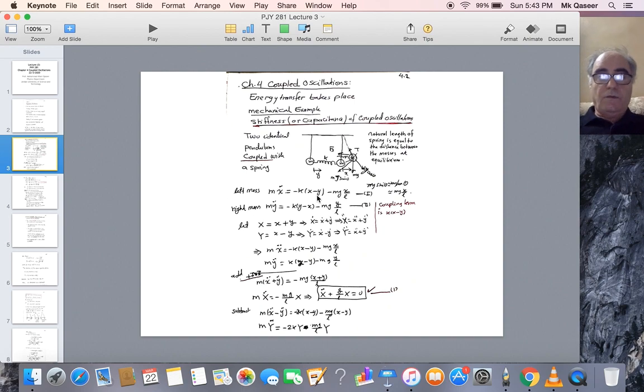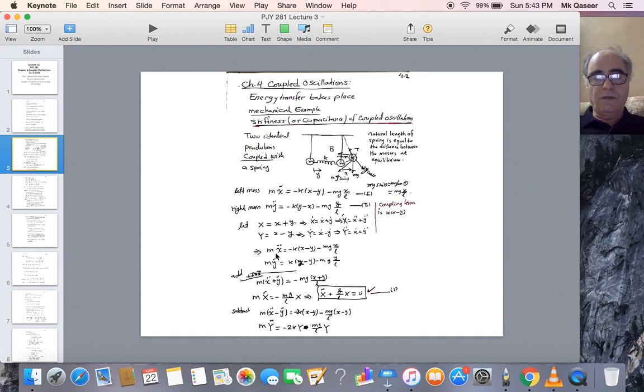Now, in order to solve these two coupled equations, we have to use this transformation: X capital equals x small plus y small, and Y capital equals x small minus y small. Then take the first derivative and the second derivative. Add the two equations 1 and 2 together and then subtract.